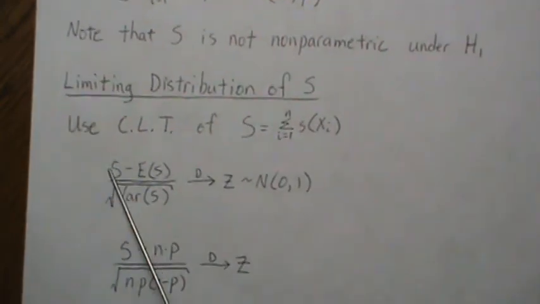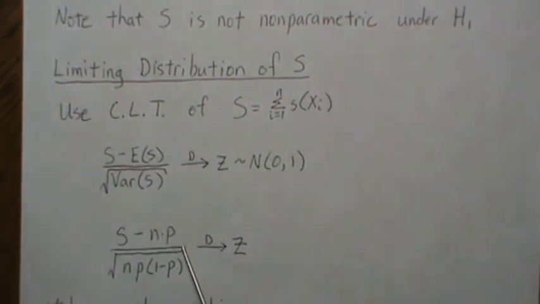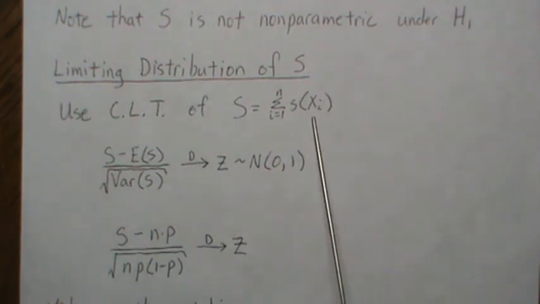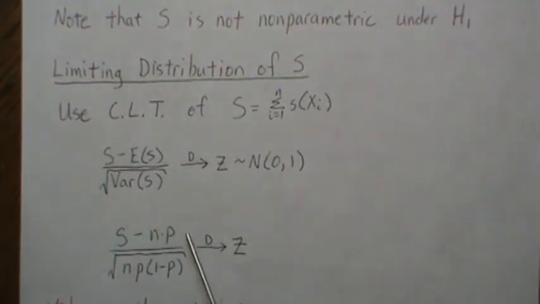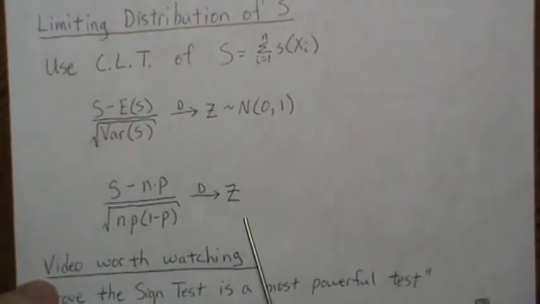The expected value of S is n times p, because we said this is a binomial, and the mean of a binomial is np, and the variance is npq, or np(1 minus p), square root. So this limits in distribution to Z, a standard normal.